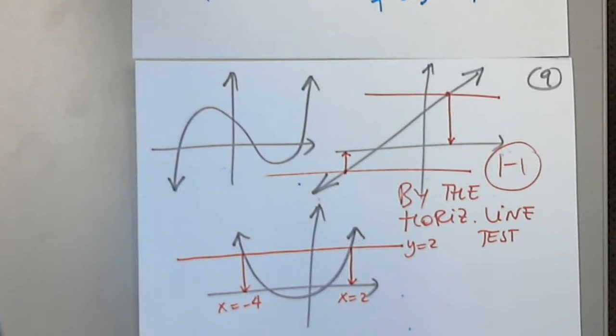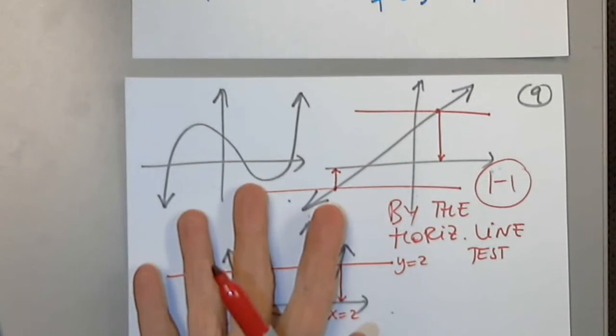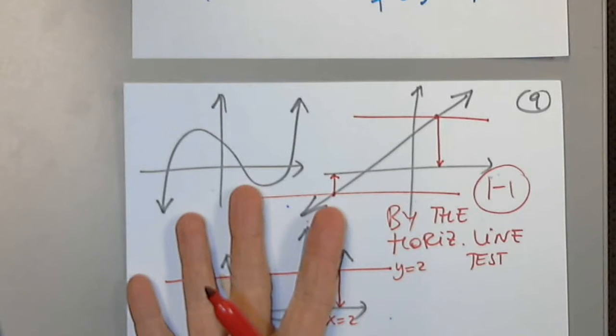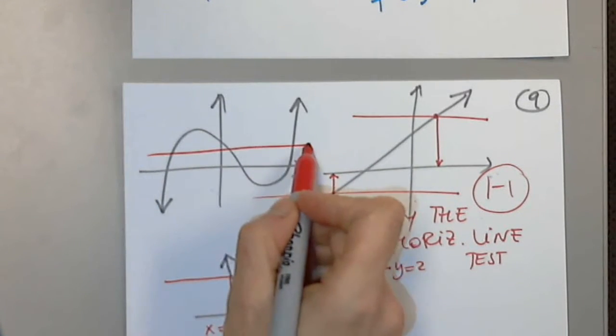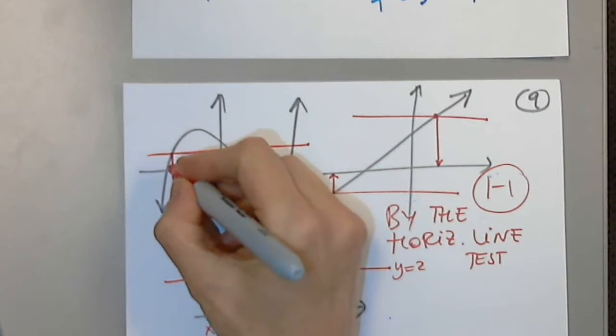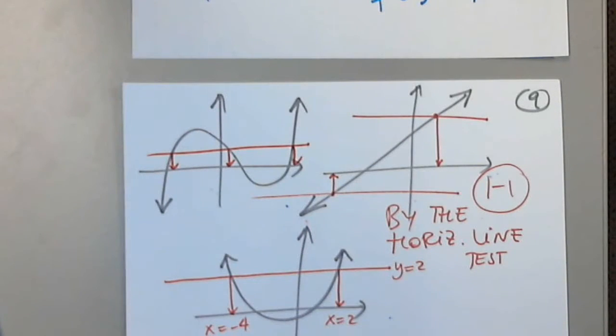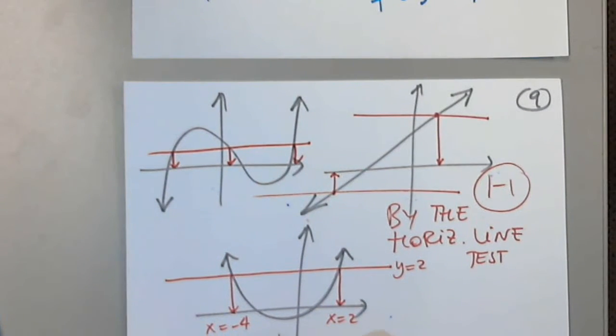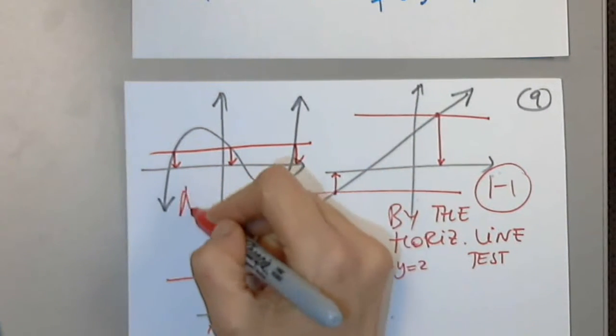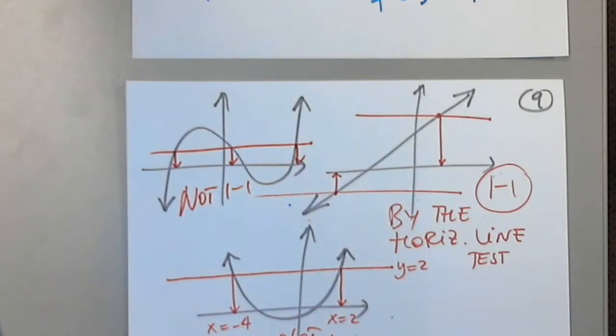Is the quadratic function one-to-one? No. What about this function that we are going to talk about later? No. By the horizontal line test, look what happens here. For a particular y value, there are 3 different x values. So not one-to-one, not one-to-one. Very good.